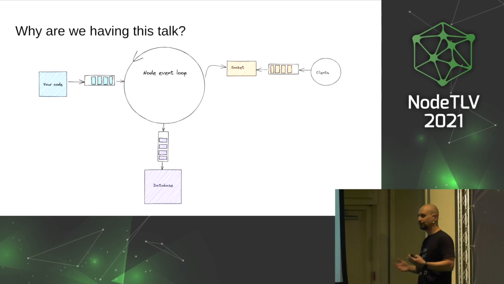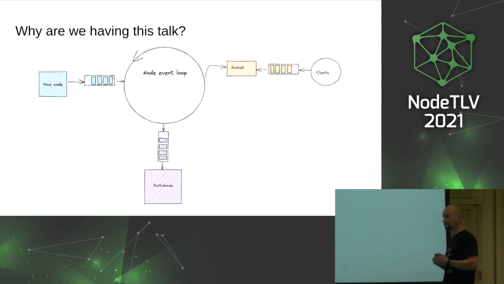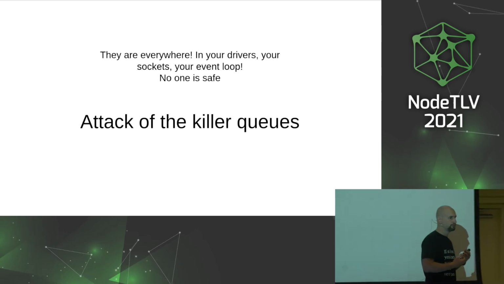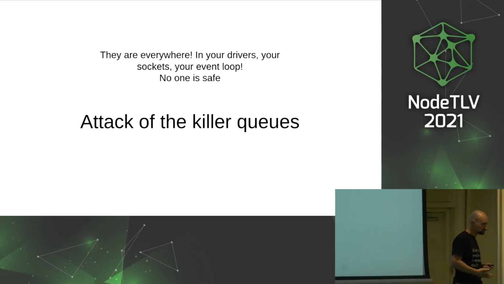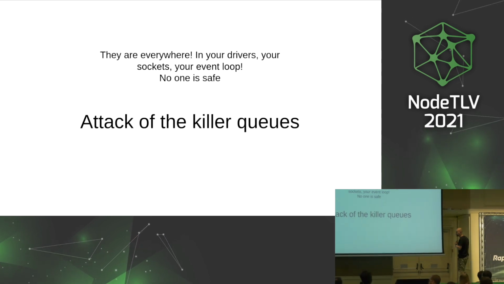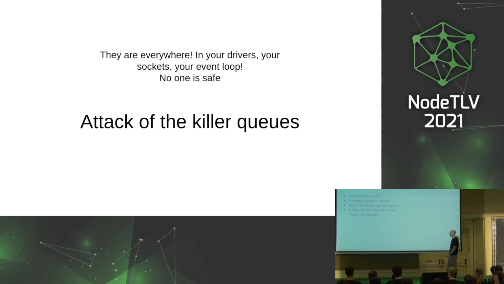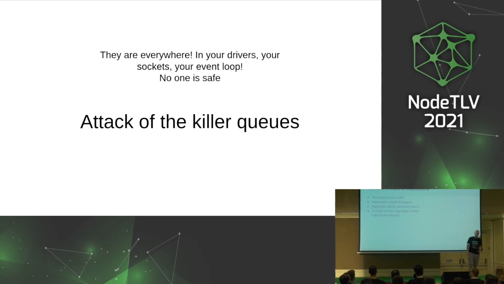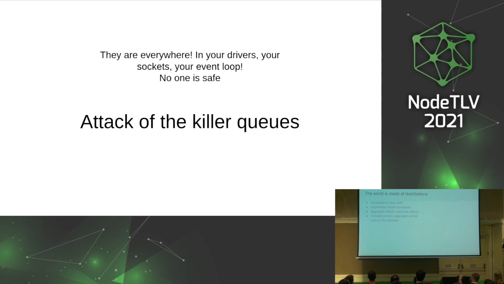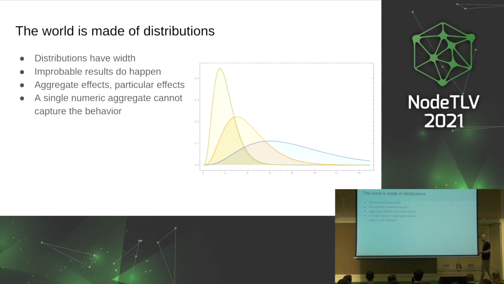And there's another queue between your code and the event loop, which we'll discuss in a bit. But the point is that you have queues everywhere. Everywhere in software and in computers, you have queues lying around, and this means that queue theory is something fundamental that we need to understand in order to understand computer performance in general. So just keep this in mind, and let's dive into statistics a little bit.